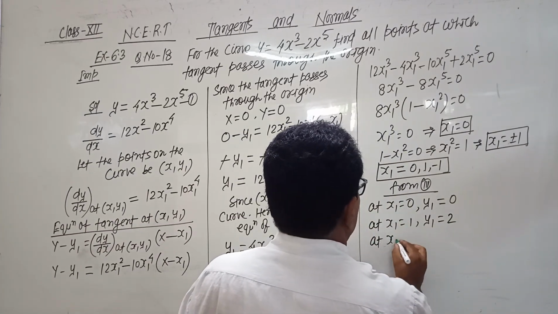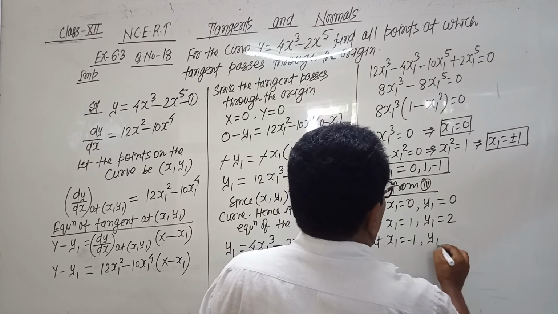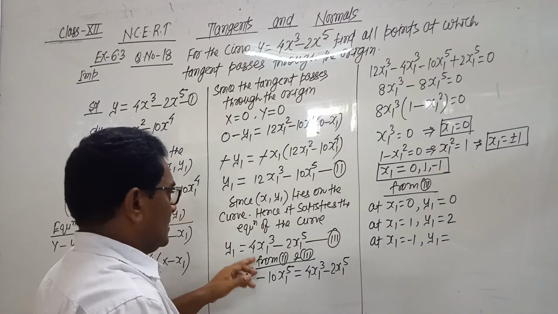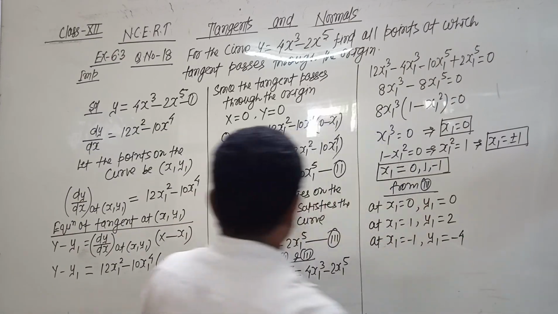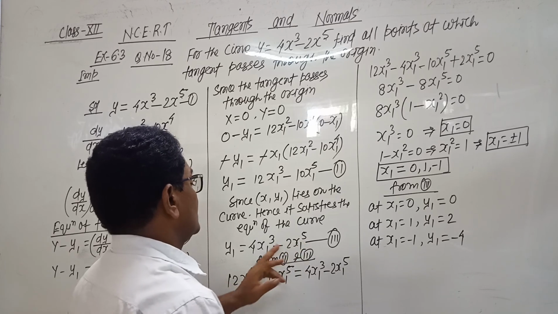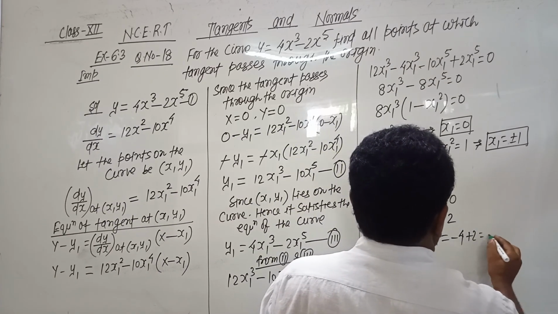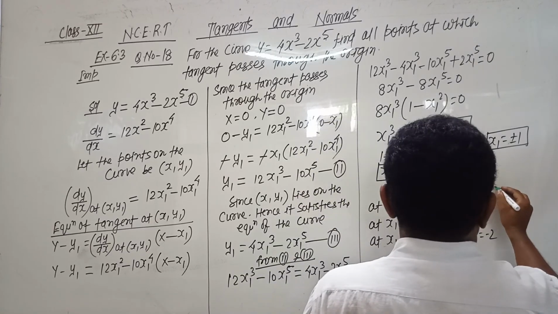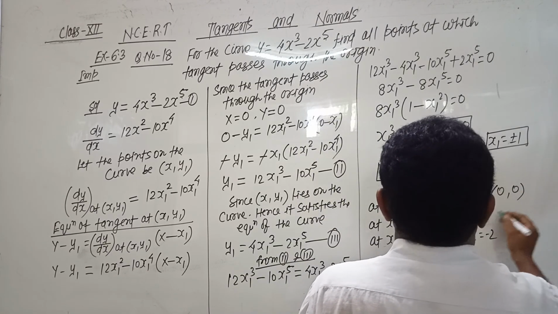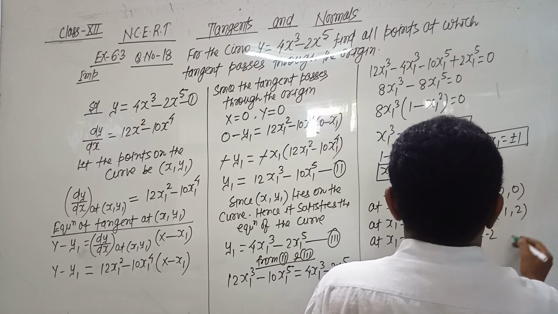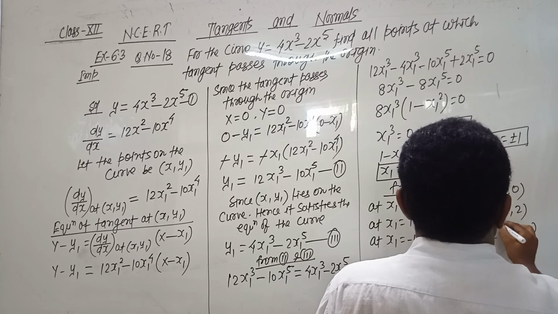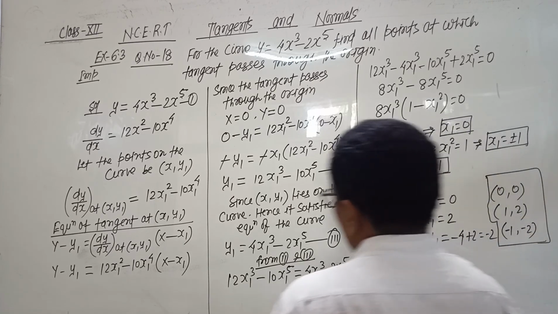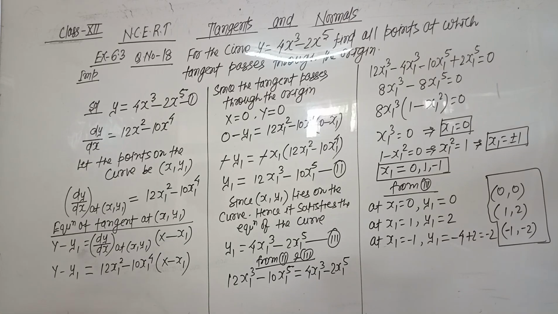At x1 equals minus 1, this becomes minus 4 plus 2, which means minus 2. So the points are (0, 0), (1, 2) and (minus 1, minus 2). These are the 3 points obtained on the curve at which the tangent passes through the origin.